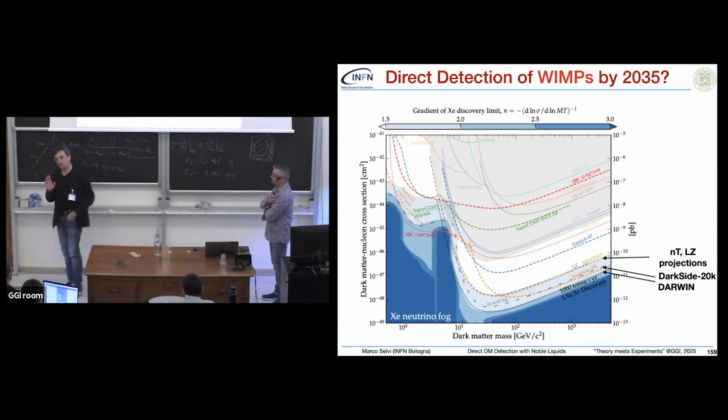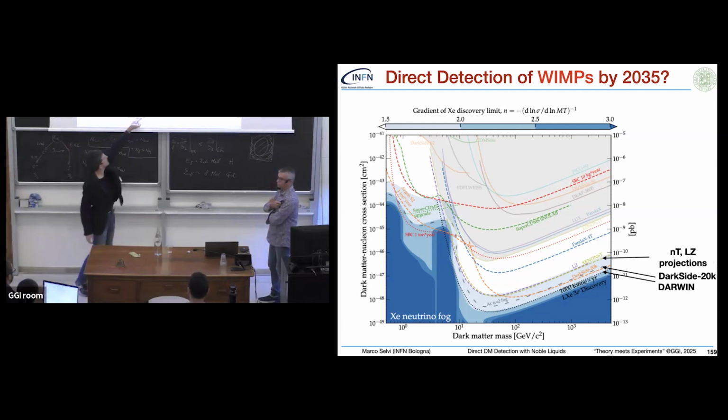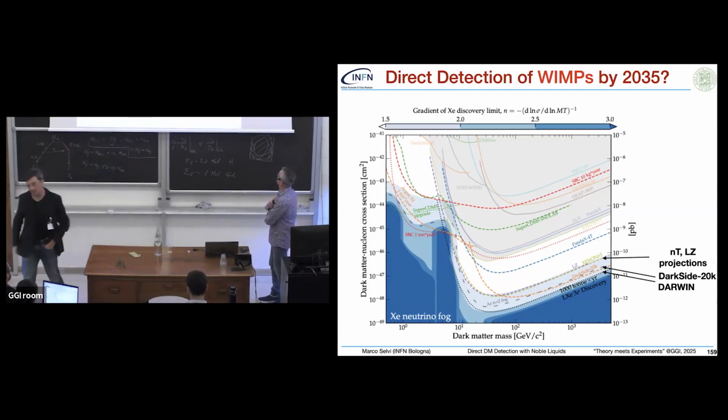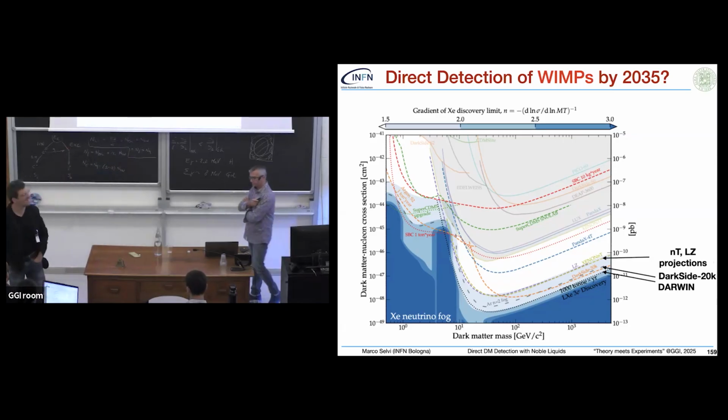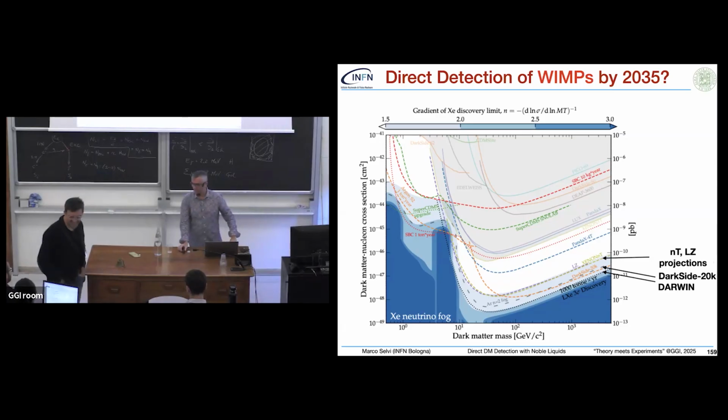What I mean by neutrino floor is the standard neutrino floor, so nuclear recoil. So they are within what Marco called the neutrino fog. The sensitivity depends on how good we are at rejecting electron recoils, but that is another story. He had an actual plot with the candidates, I think. This plot shows that it's within your lifetime.